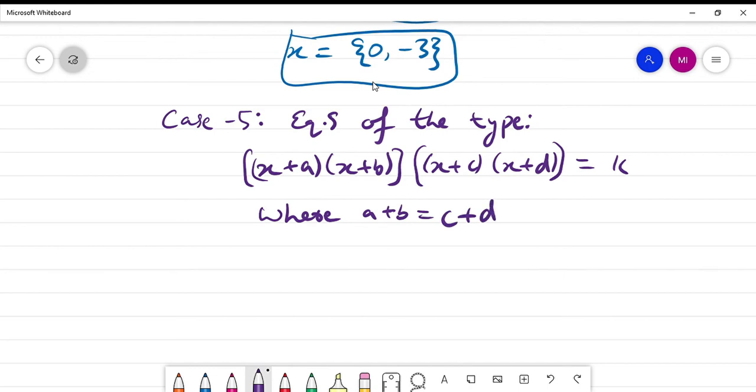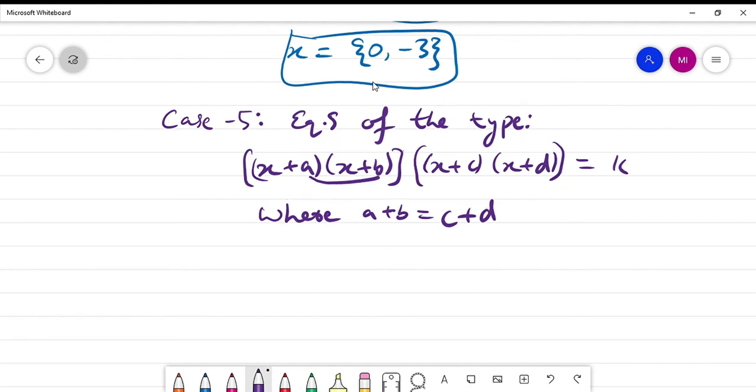So yeah, pretty much that's it. We have to look at just that a plus b equals c plus d. If that's there, then yeah, we can use it. But it has to be in this form, that there are 4 terms multiplying.